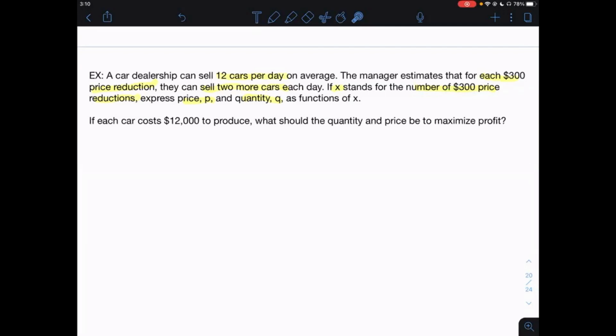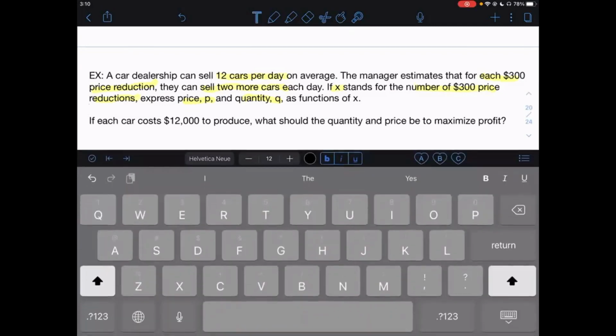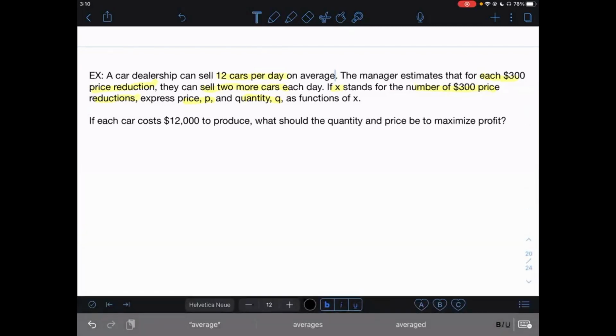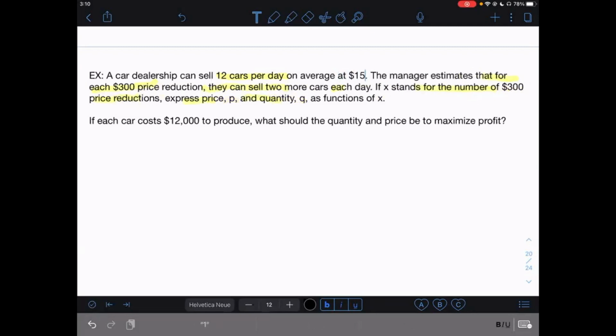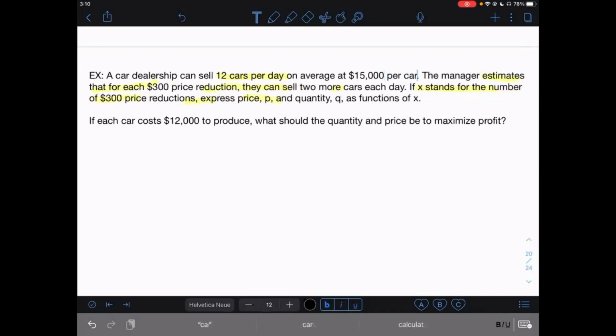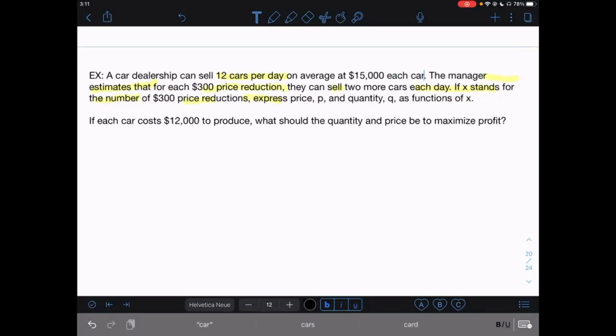Okay, oops, I forgot to mention something here. One more piece of information. Car dealerships sell 12 cars per day on average at $15,000 per car. Forgot to mention that part.